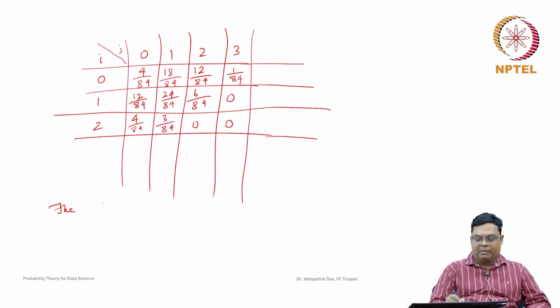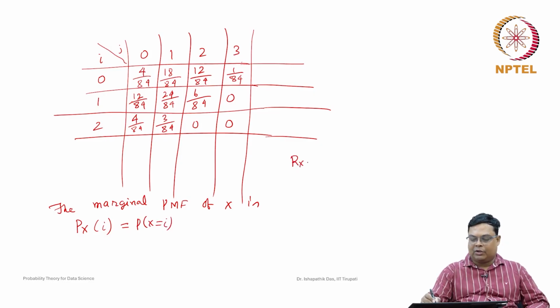Now, how will we find the marginal probability mass function of X? This is P_X of x_i, where x_i is equal to i. So this is nothing but the probability that X is equal to i. We know the range of X is 0, 1, 2, and we have to find the probabilities.